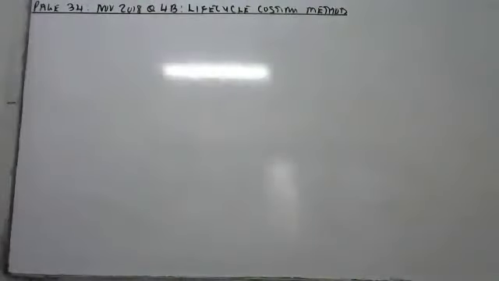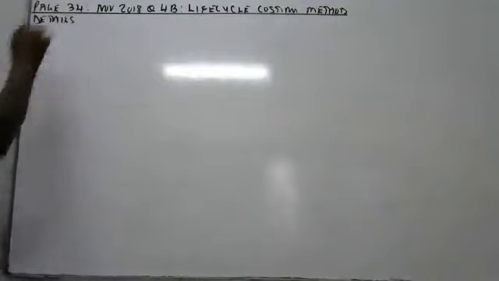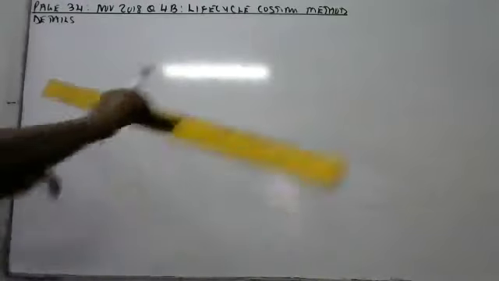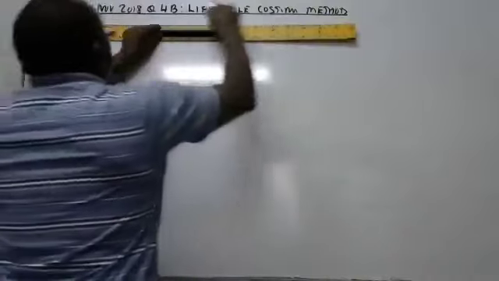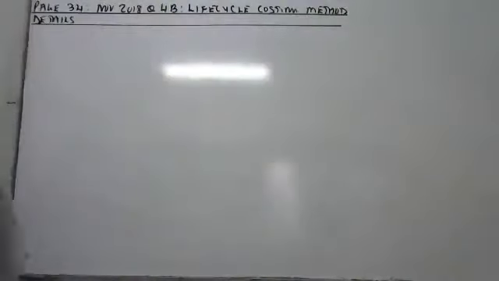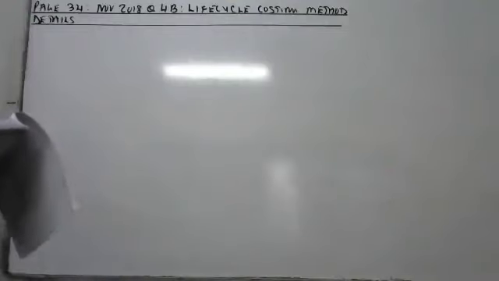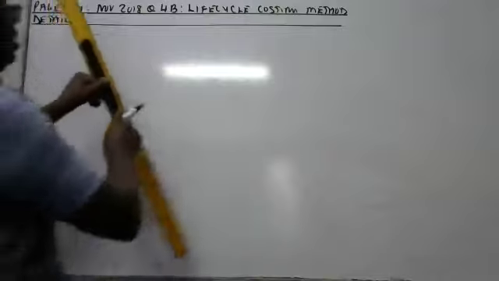So let's make a table. Details. One, 2, 4. I divide into 5.